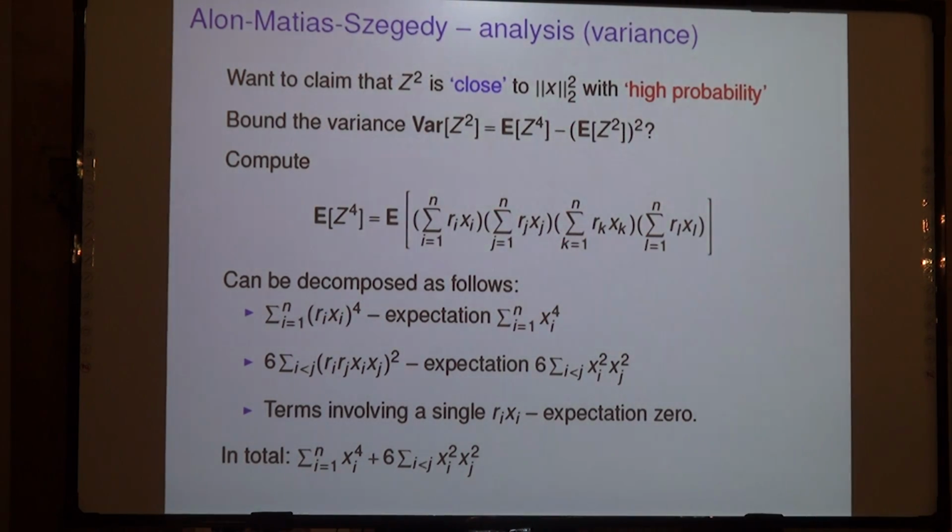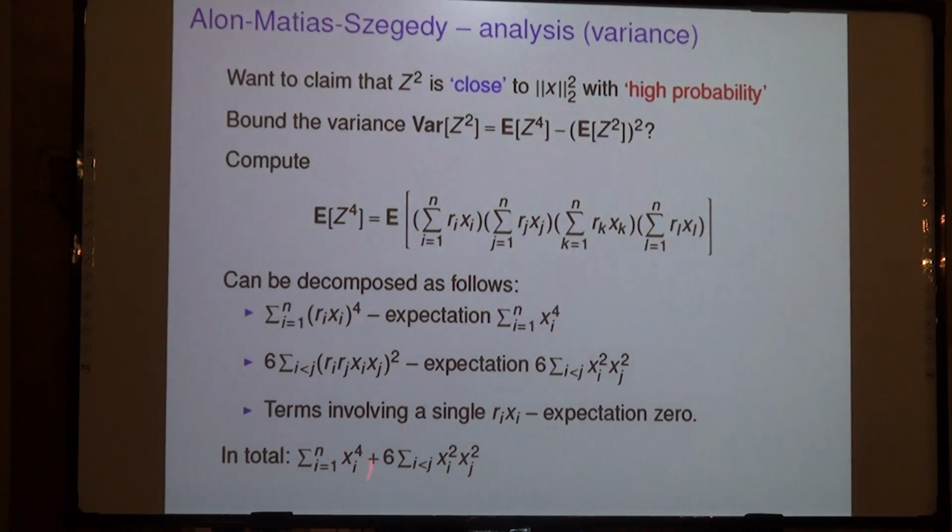Okay, good. This is the expectation, because Ri squared is 1, the same for Rj. The remaining terms are the terms in which at least one Ri appears with power 1, and those are 0, because the expectation of Ri is 0 and the Ri's were independent.